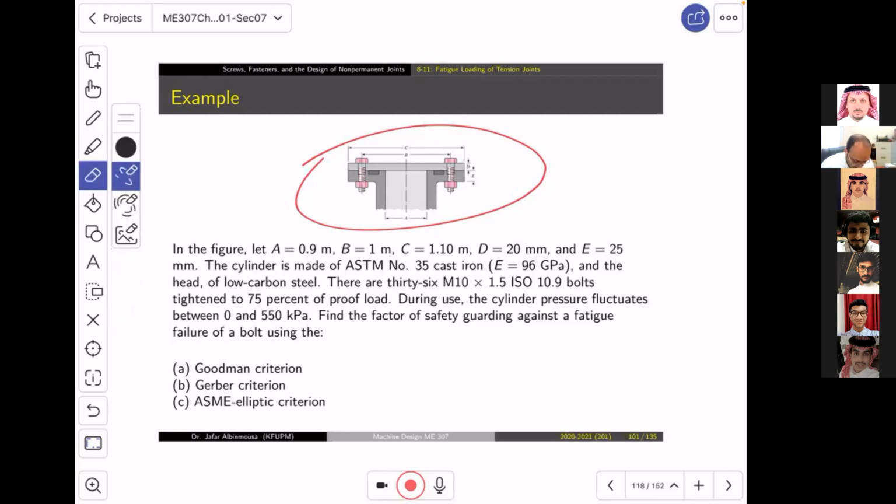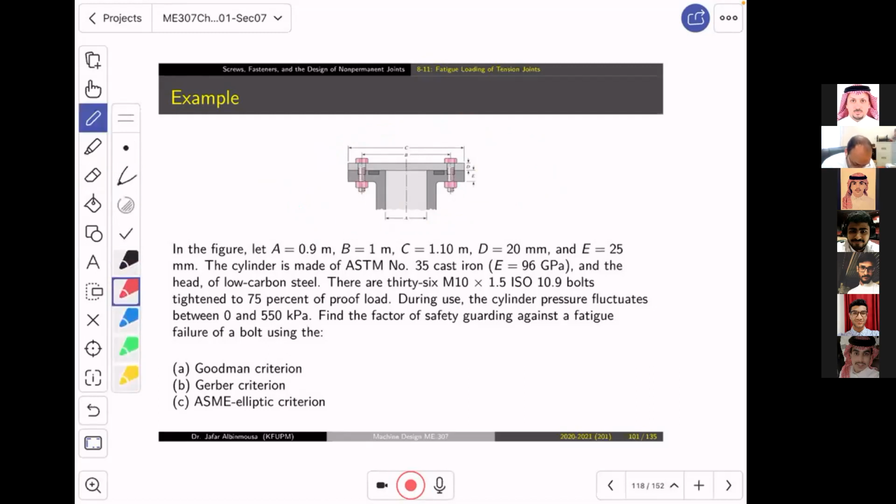So, what is this? This problem says that in this figure, we have the dimensions A, B, C, D, and E given to us. So we know all the dimensions. Of course, focus, D and E will determine the frustum. They are very important right now, and they are different.